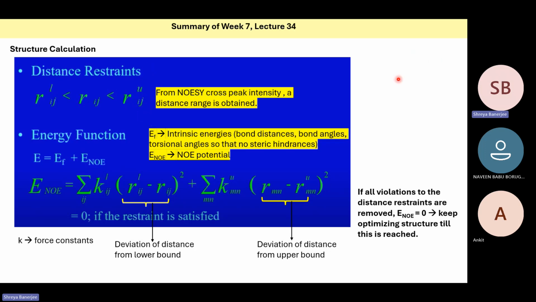If the structure that is optimized has all the distances not violating any of these distance restraints, then this ENOE will be 0. And so we have to continue optimizing the structure till all the violations of the distance restraints are removed and the ENOE becomes 0. That will be the structure that satisfies the NMR.